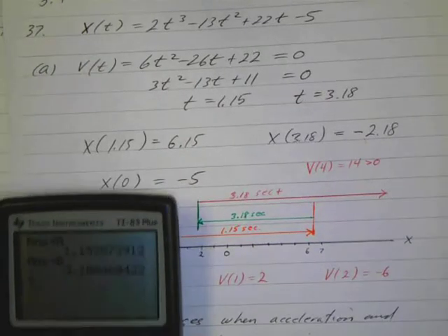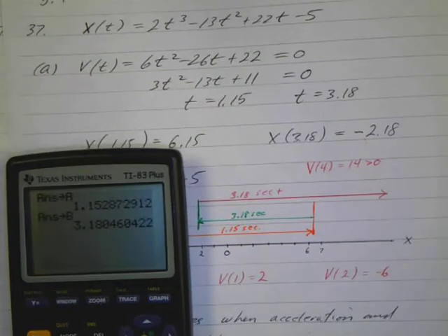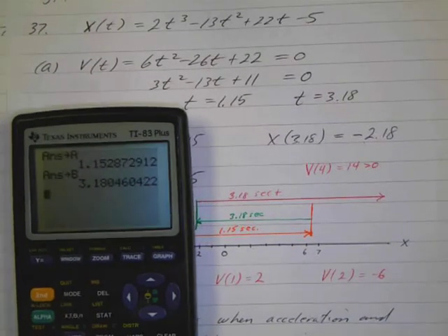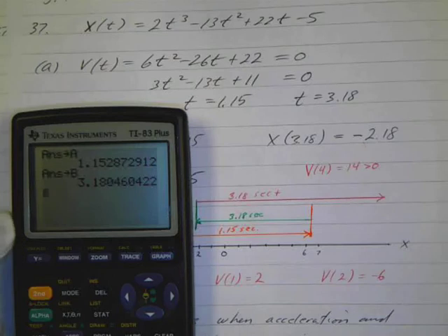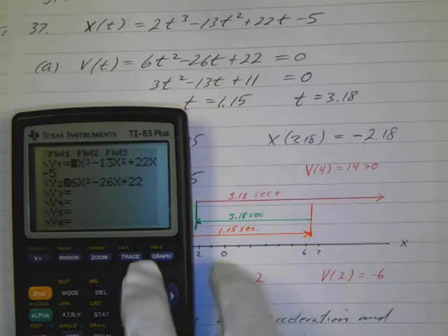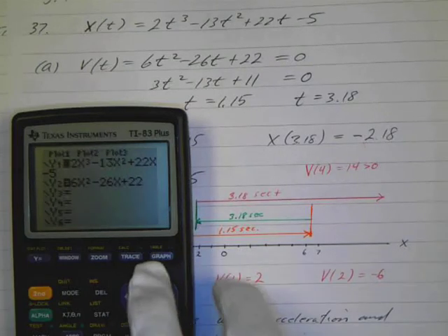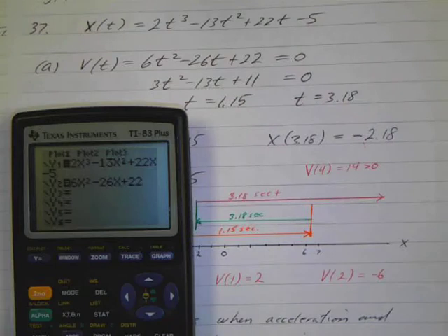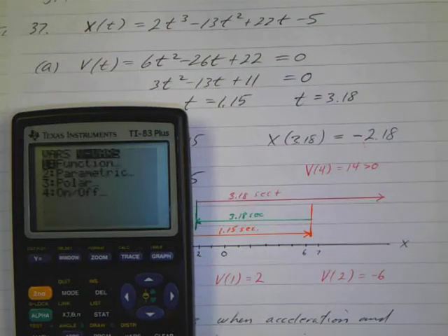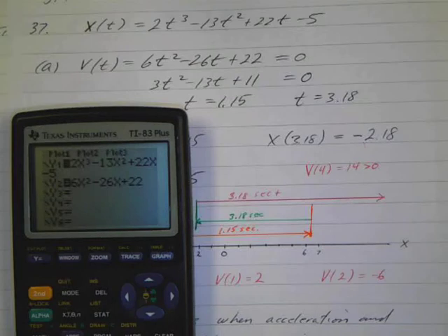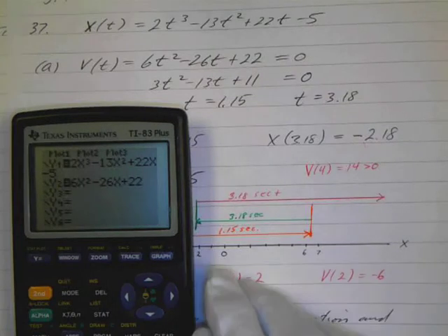And now what I'm going to do is try to find the position where I'm at when I'm stopped, so I can describe the motion. So I go back to Y, and I'll turn this on. So I got both these, and then I go to var, y vars. And this is going to be the position function.